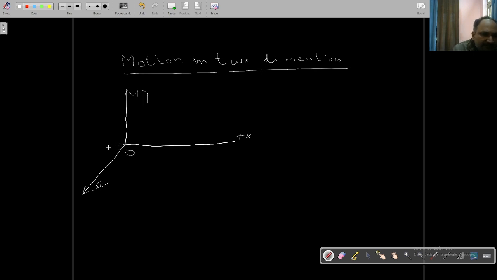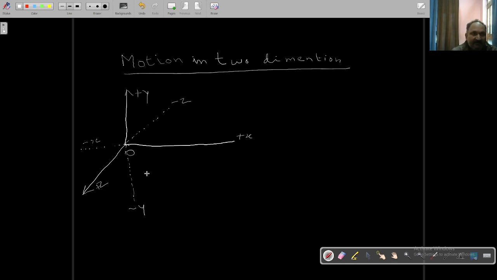The dotted line represents negative x, and this one is negative z, and then this one is negative y.